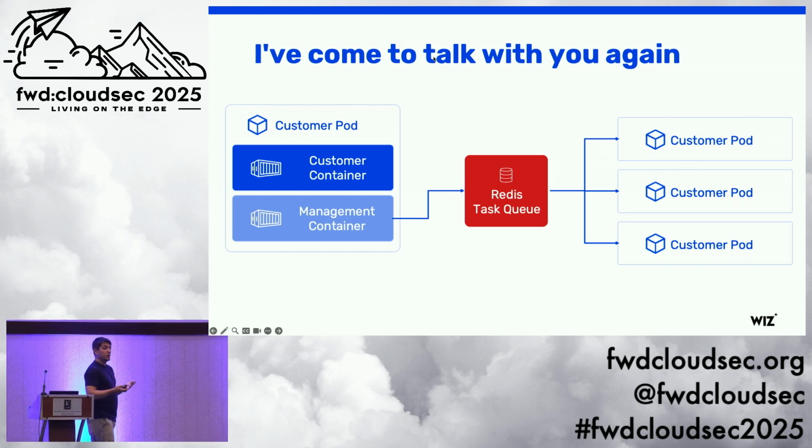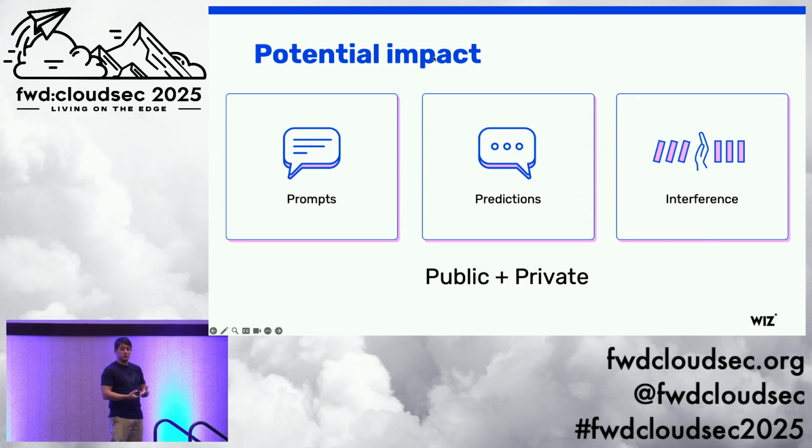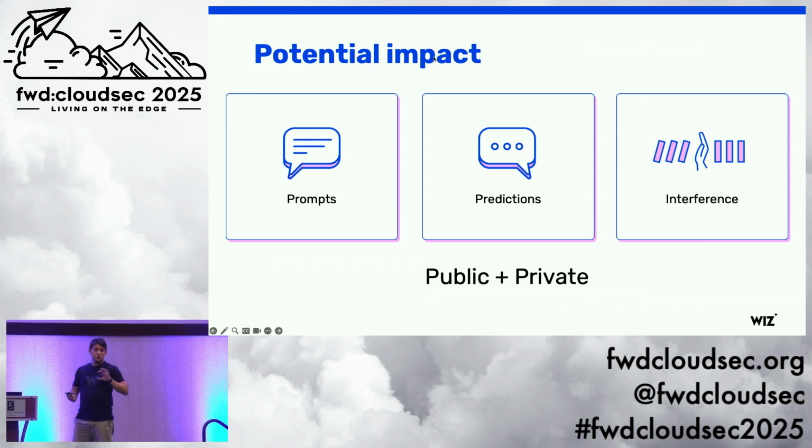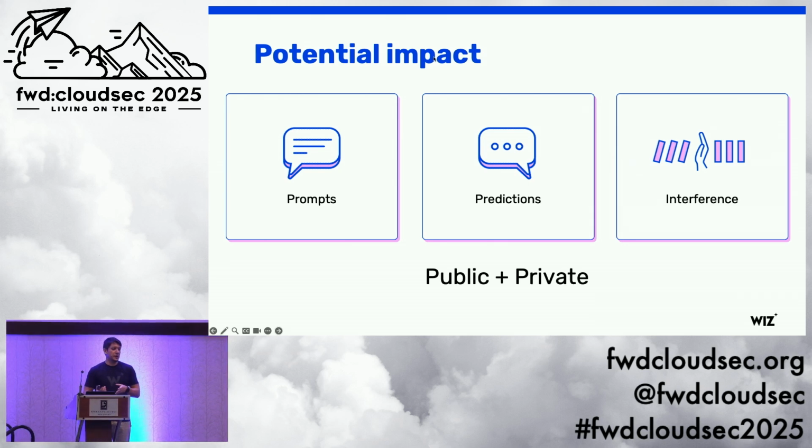So at this point, we could have connected to this Redis queue and performed different actions, such as reading the prompts, reading the predictions from other tenants. Also do some kind of interference by modifying them, deleting them, and so on. And this was possible for both public and private models on Replicate.